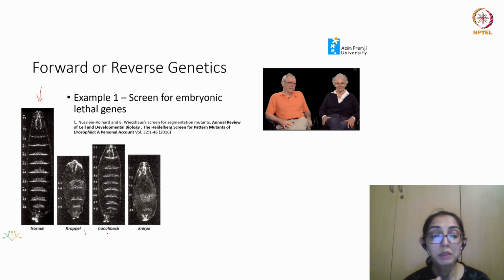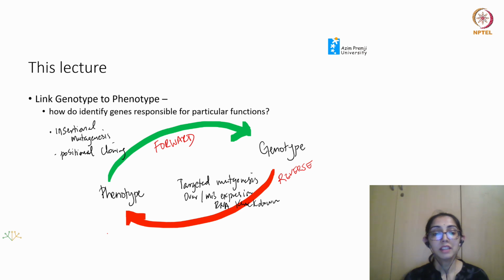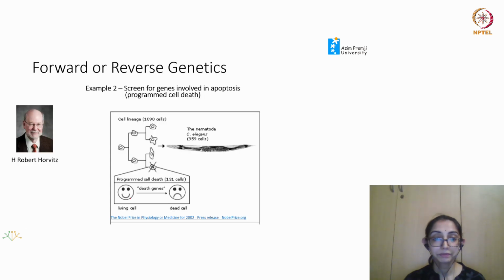But basically, once they identified these strange, abnormal phenotypes, they then went on to try to identify the gene mutations that gave rise to these particular phenotypes. And so if we refer back to our slide, this is actually an example of forward genetics because they have used phenotypes to go back and identify genotypes.